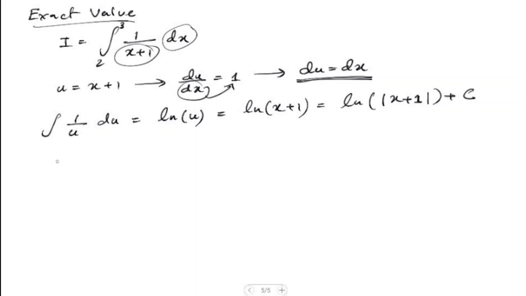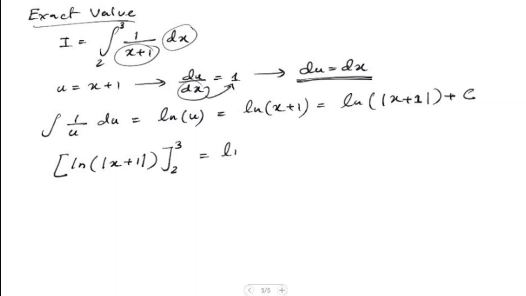Now if you want to integrate it over the boundary of 2 to 3, we write ln of x plus 1 integrated from 2 to 3.